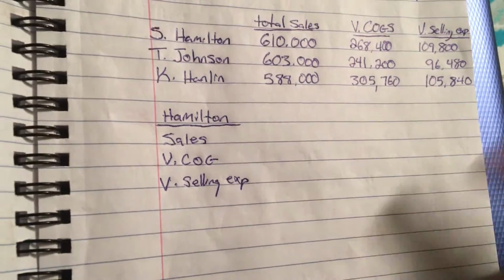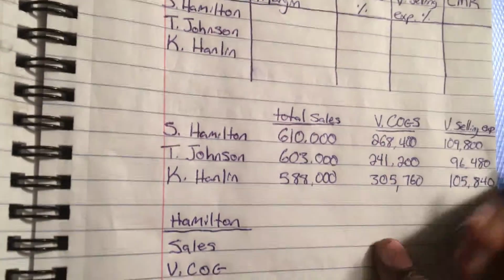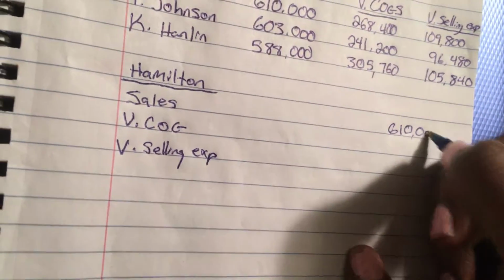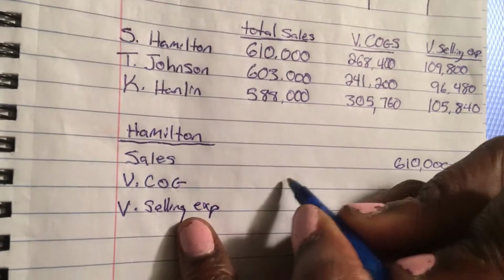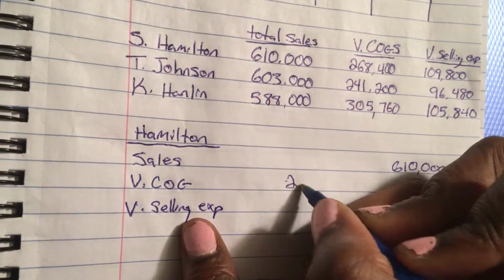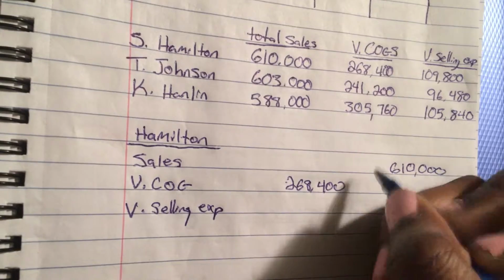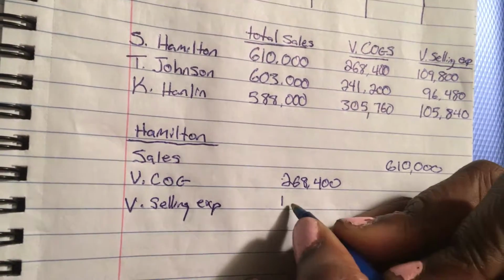And at this point, we take Hamilton's total sales and put it over here. We take her variable cost of goods sold and put it right here. And we take her variable selling expense and we put it right underneath.